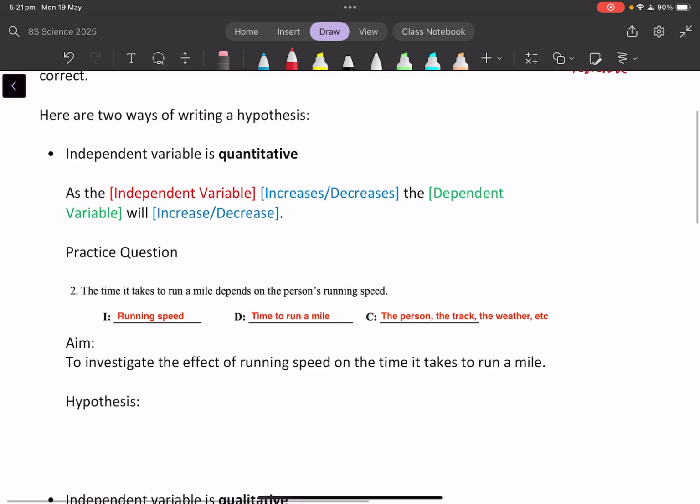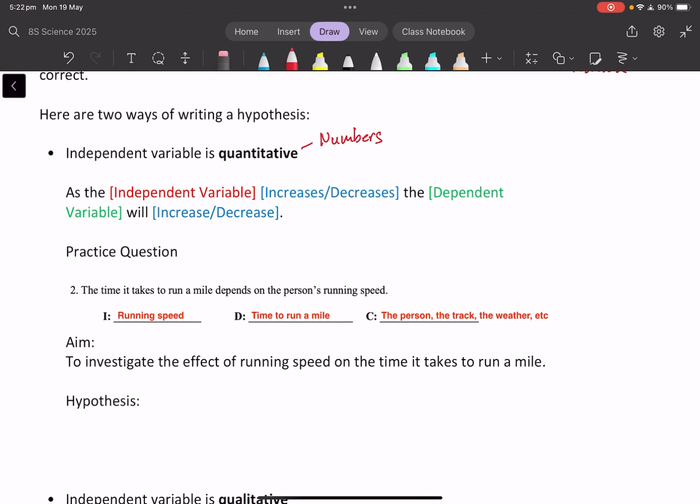Now, there are two ways of writing a hypothesis, and I'm going to show you both. Imagine that your independent variable is quantitative, which just means it has numbers. If you are intentionally changing temperature, well, temperature has numbers. If you're changing distance, distance has numbers.